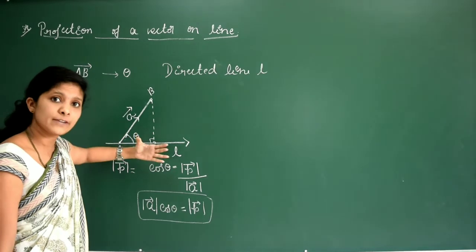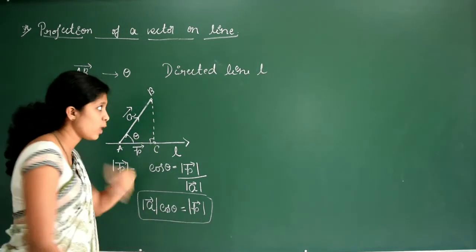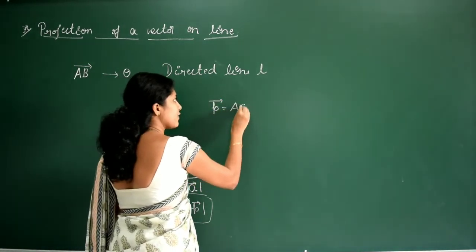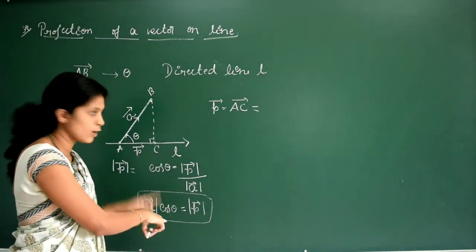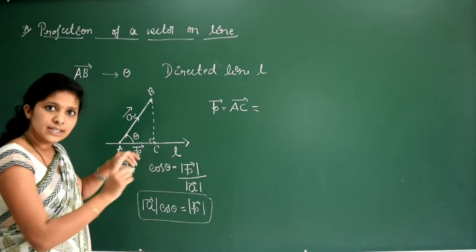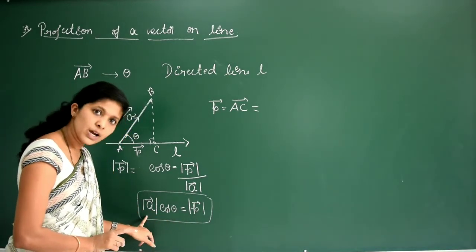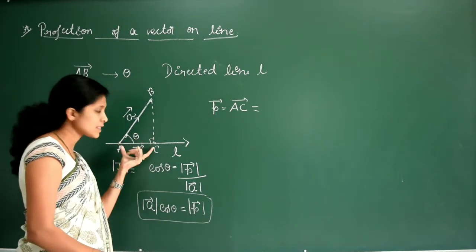Now how to find P vector? This gives you a value, right? Magnitude is nothing but a value. Now how to find P vector? To find P vector or AC vector, you need to multiply this with the unit vector of this P vector. Listen carefully. Magnitude of P vector is equal to magnitude of A vector into cos theta, so it gives you the length of P vector.